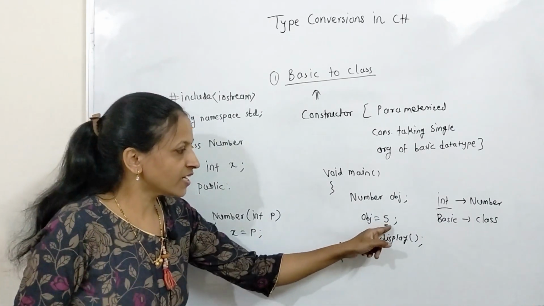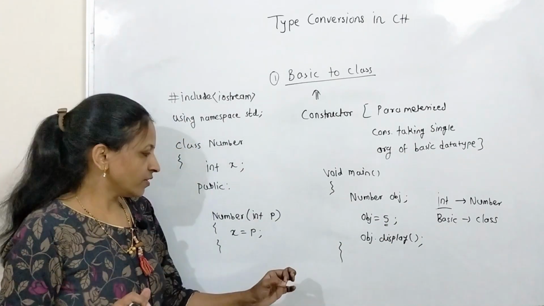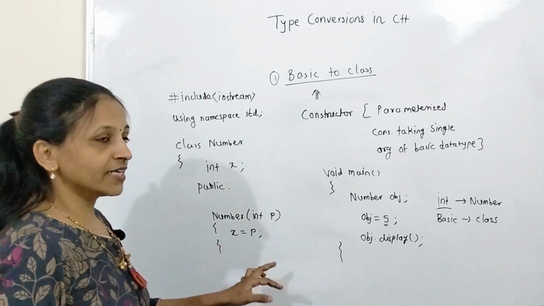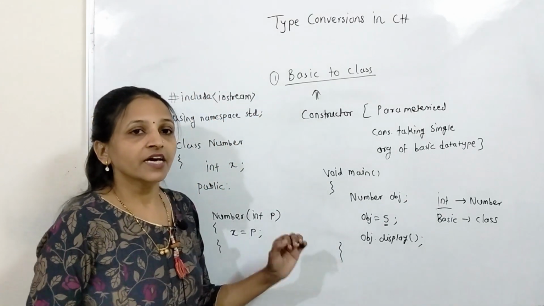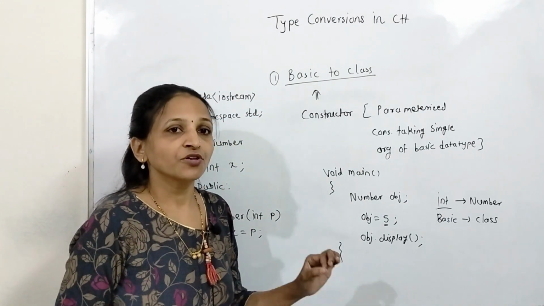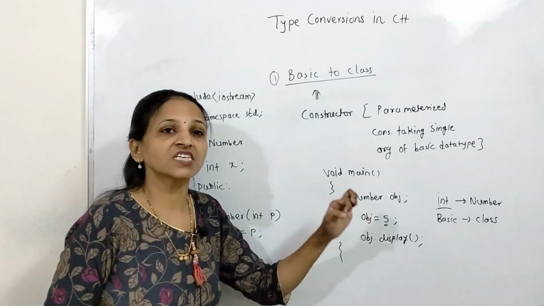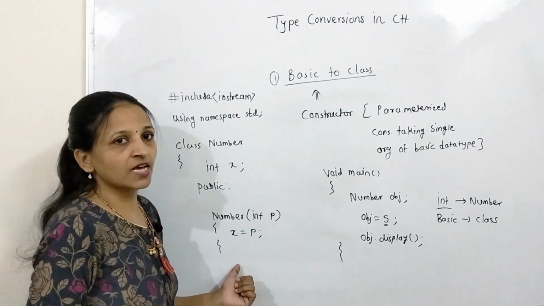Now we can achieve this in this way. Whenever we write like this, automatically this constructor will be called. Now see, we already know that if we write any parameterized constructor in a class, then there is always a compulsion that whenever we create an object of that class, we have to pass an argument, because we have written a parameterized constructor in this class.